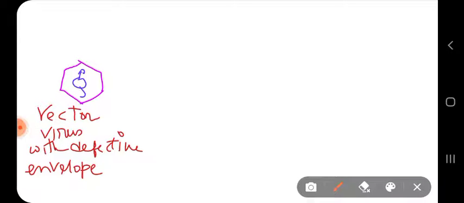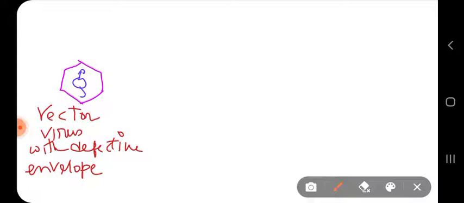Now what we will do, wait for a minute. So with the help of helper virus particles, we allow that envelope-defective virus to be incorporated into the host cell.